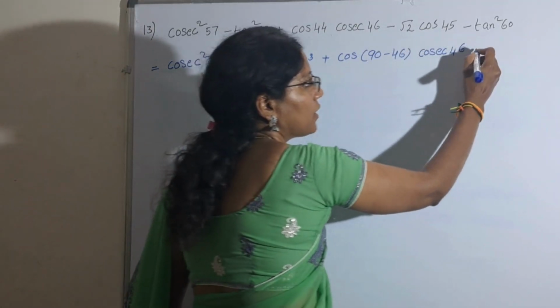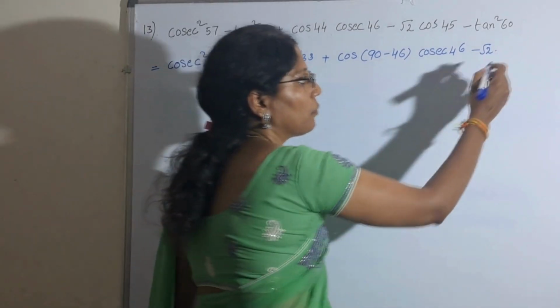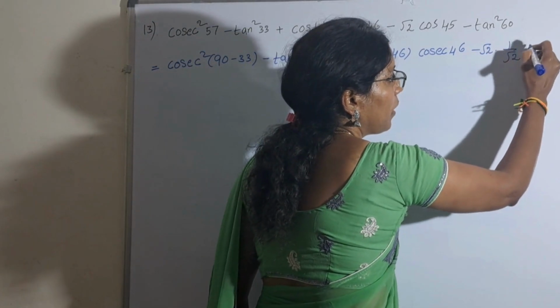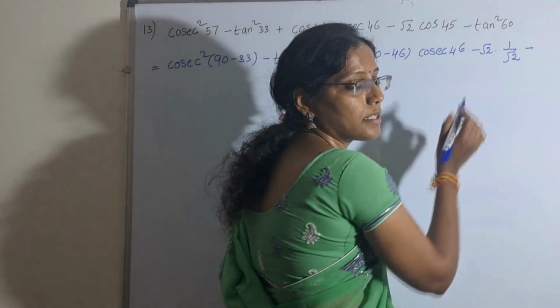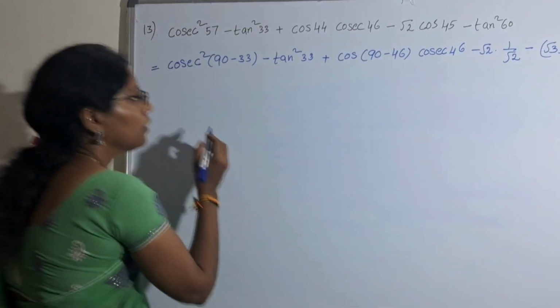Minus root 2 into cos 45, value is 1 by root 2, minus tan square 60. Tan 60 value is root 3 whole square.